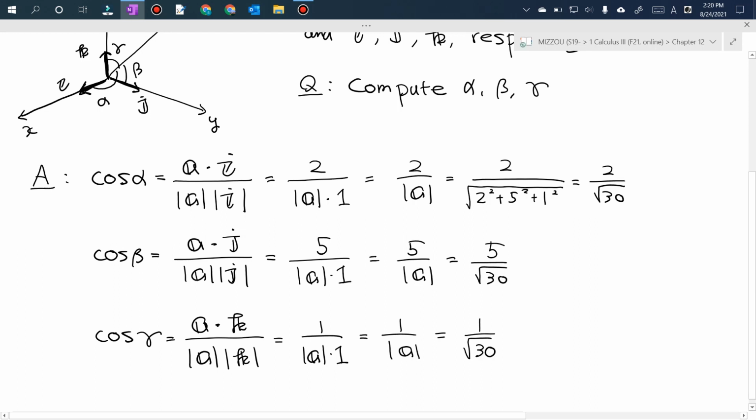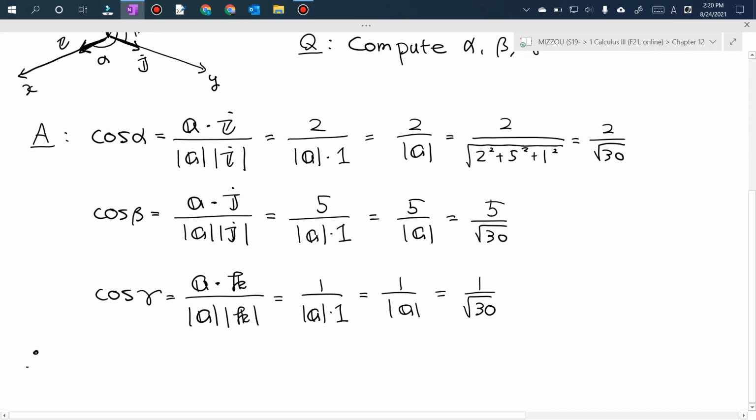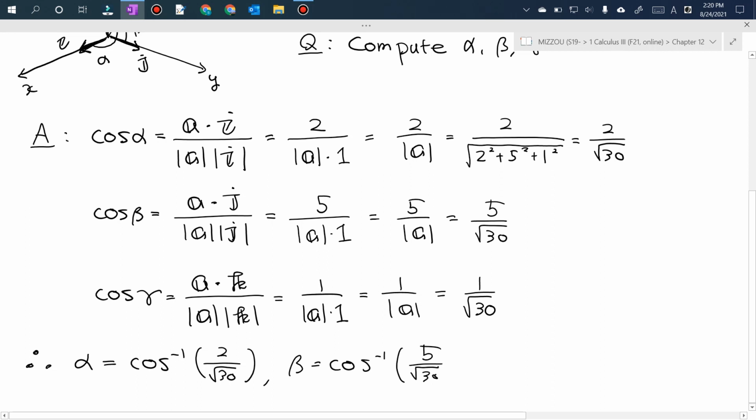Okay, so therefore alpha is, in this case, arc cosine of 2 over root 30. Beta is arc cosine of 5 over root 30.